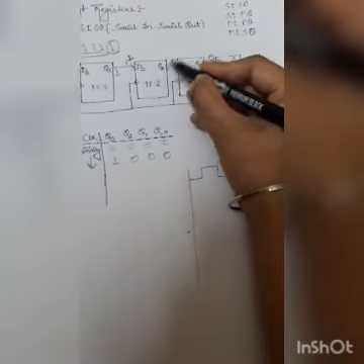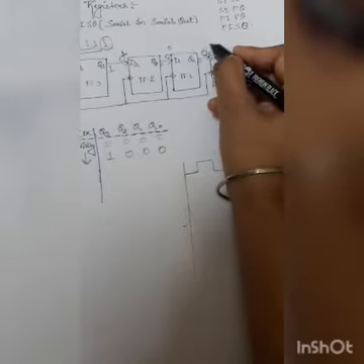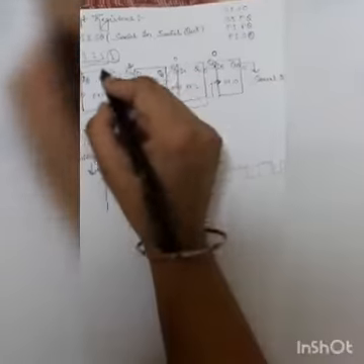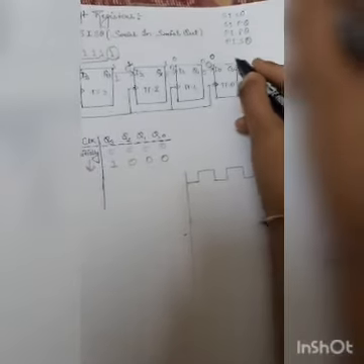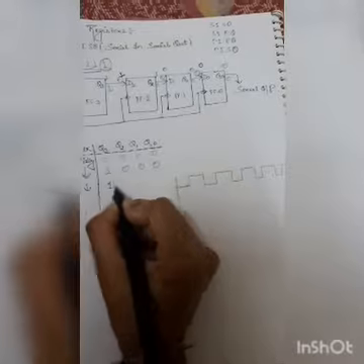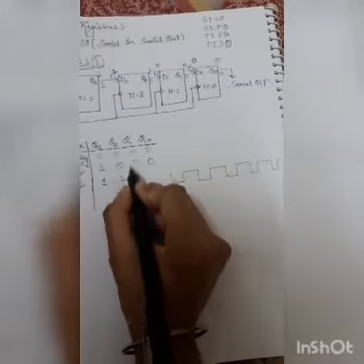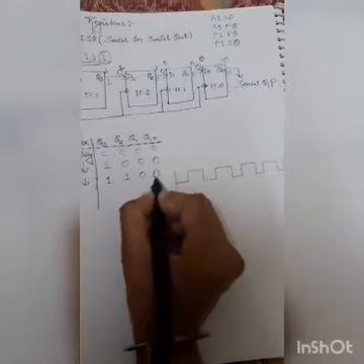Then Q2 is 0, D1 is 0, Q1 is 0, then D0 is 0. And what are the outputs of this? 1 0 0 0. So what are we getting on the next clock edge triggering? Here we got 1 1 0 0.